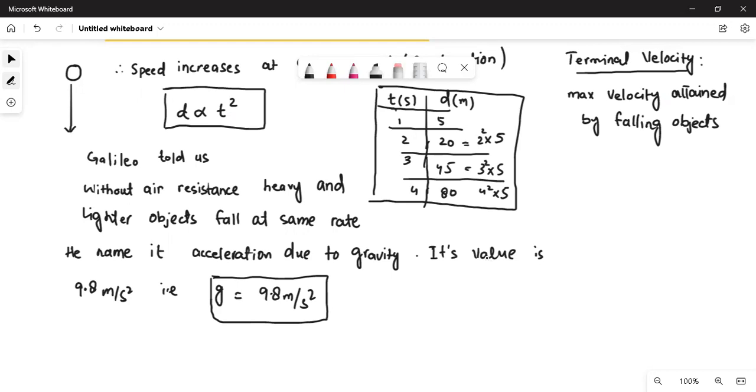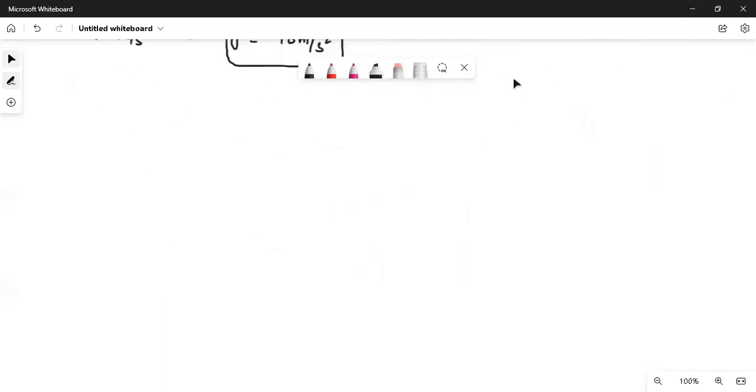Now coming to one last thing. When objects are falling, they are also following a straight line path, and for straight line paths we use equations of motion to solve the problem. So to solve problems related to freely falling objects, what do we use?